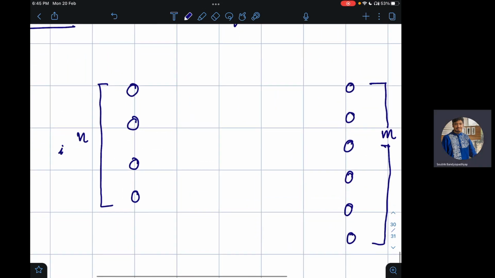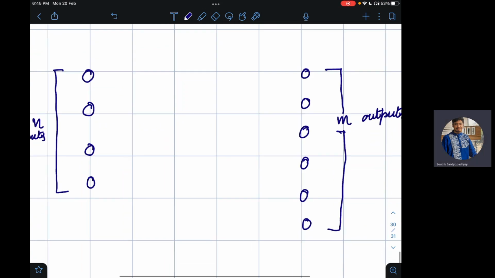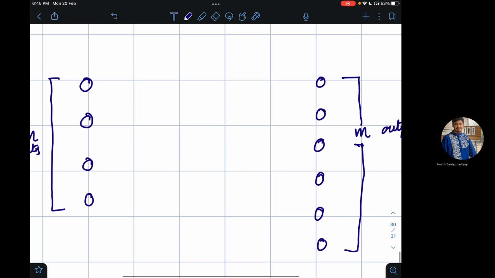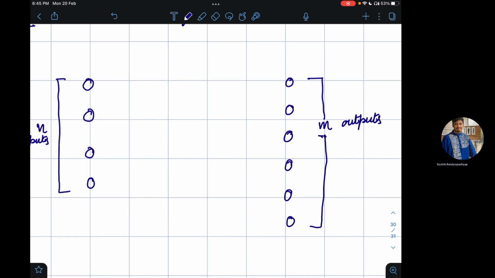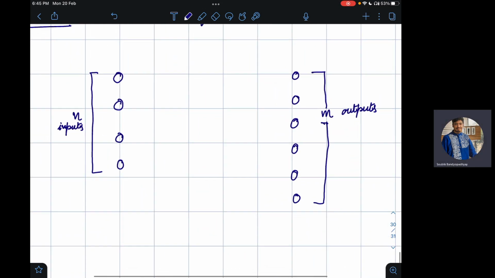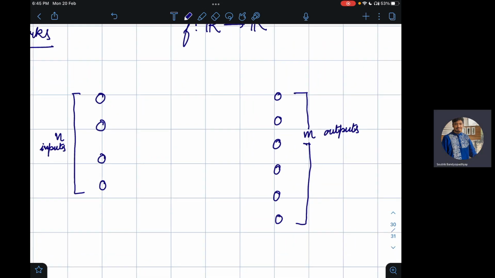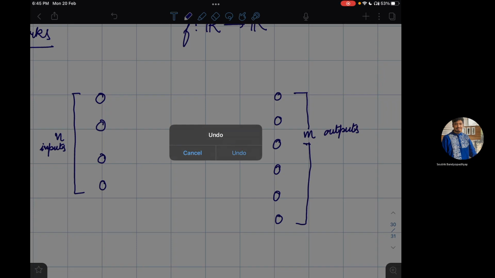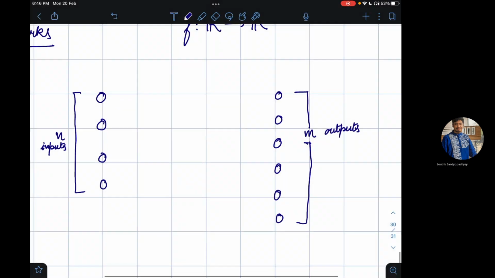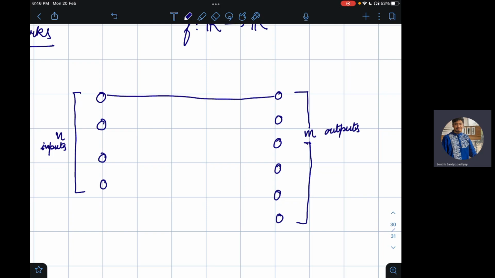So n inputs and m outputs, right? So let's look at a very simple case where I have some connections to these nodes without anything in between.